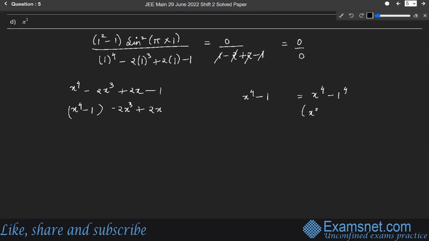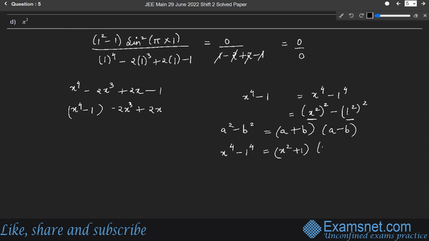It can be written as x square whole square minus 1 power 4 can be written as 1 square whole square, right? So it is basically in the form of a square minus b square, which is equal to a plus b into a minus b. Okay, so what is a? A is x square and b is 1 square. So if we write this in the form of a square minus b square, then it will be what? X square plus 1 multiplied by x square minus 1, right?